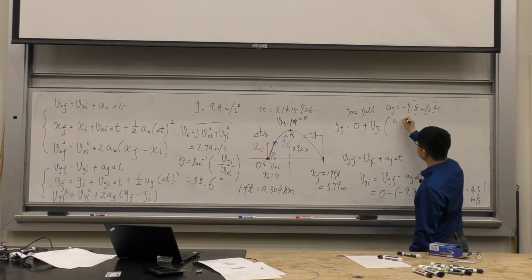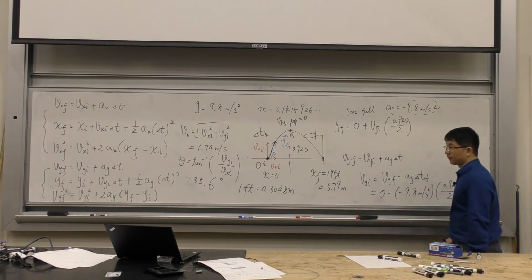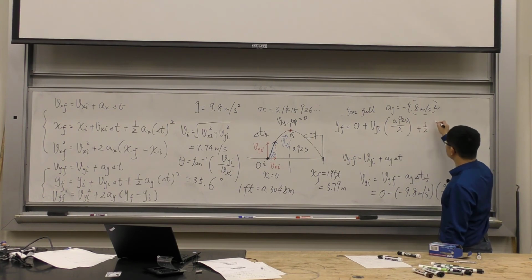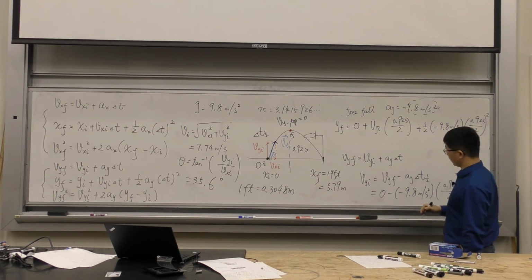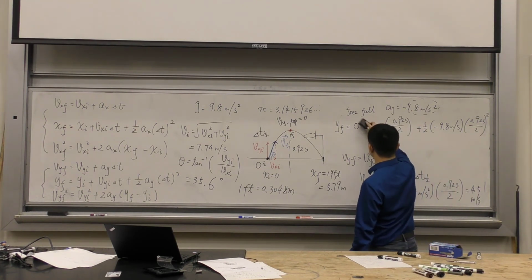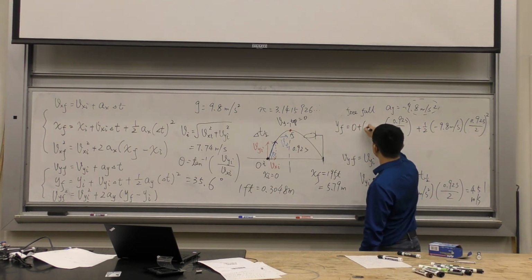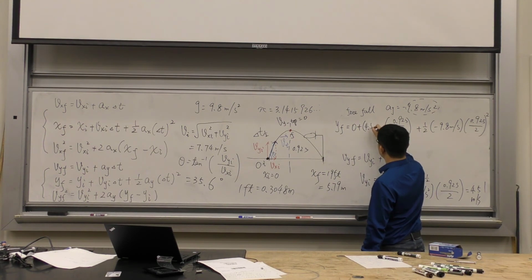So it's going to be 0.92 over 2, okay? And then 1/2 negative 9.8, right? 0.92 divided by 2. Don't forget the square, okay? This Vyi, okay, let me just plug it in. 4.51.